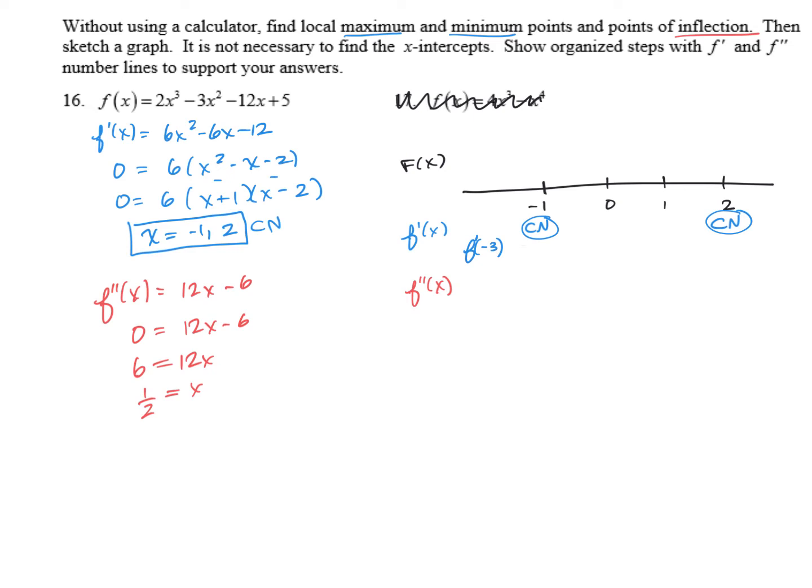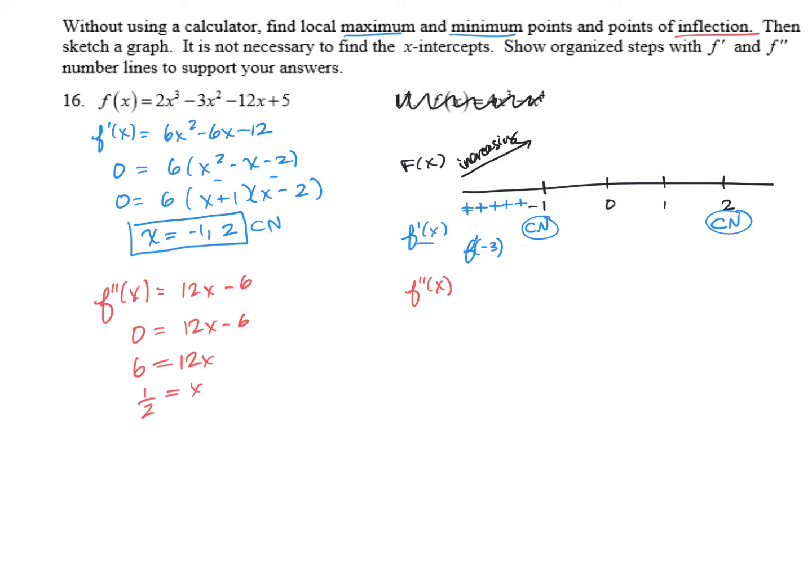So that's going to give us positive values. Since the only place this can change is at negative 1, it's positive all the way to negative infinity, and that means f of x is increasing. So since the derivative is positive, the function is increasing.